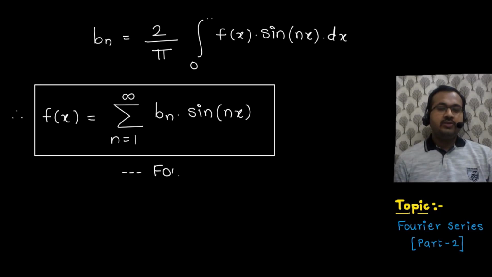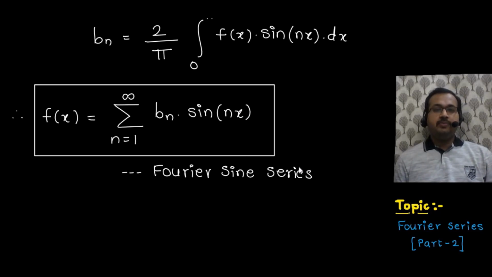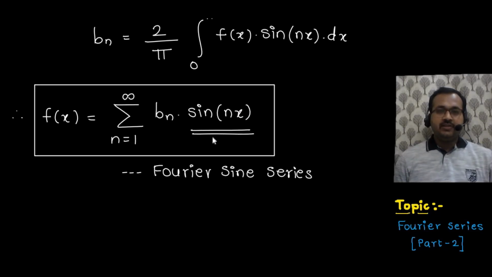We can call it the Fourier sine series of the given periodic function f of x in the range minus pi to pi. So remember, the Fourier series of an odd function in the range minus pi to pi is always a Fourier sine series, whereas the Fourier series of an even function in the range minus pi to pi is always known as a Fourier cosine series. In a Fourier cosine series, the terms of bn will be 0, and in a Fourier sine series, a0 as well as an is equal to 0.